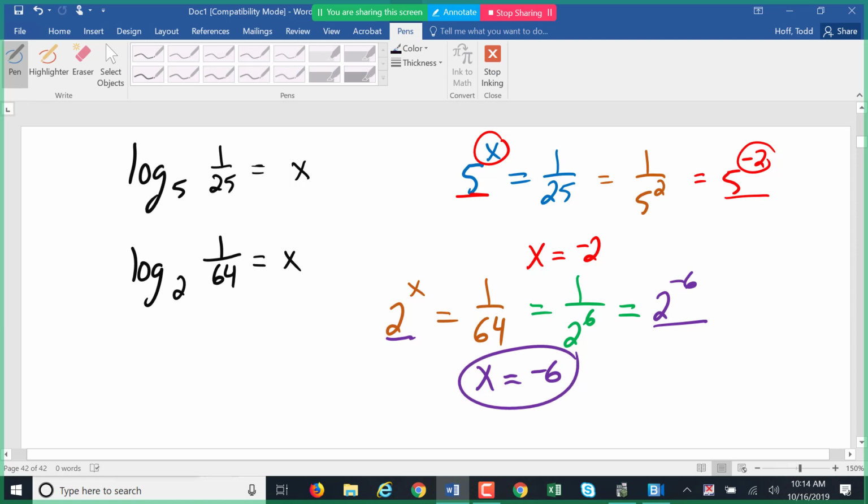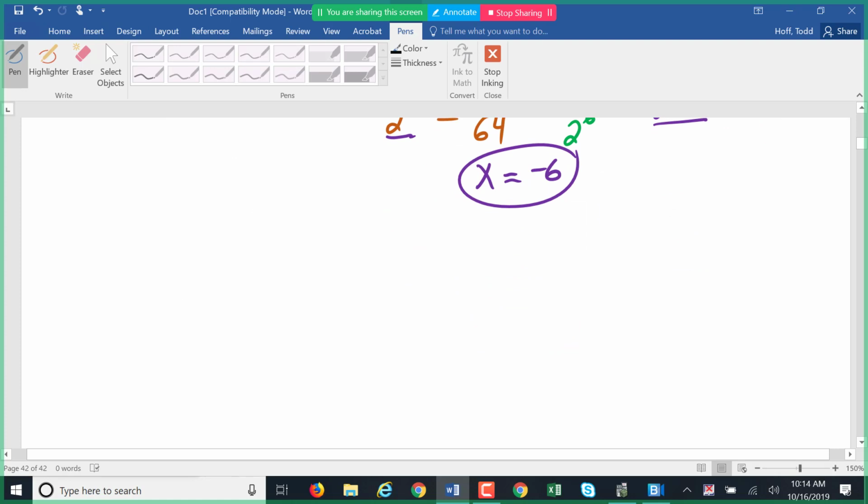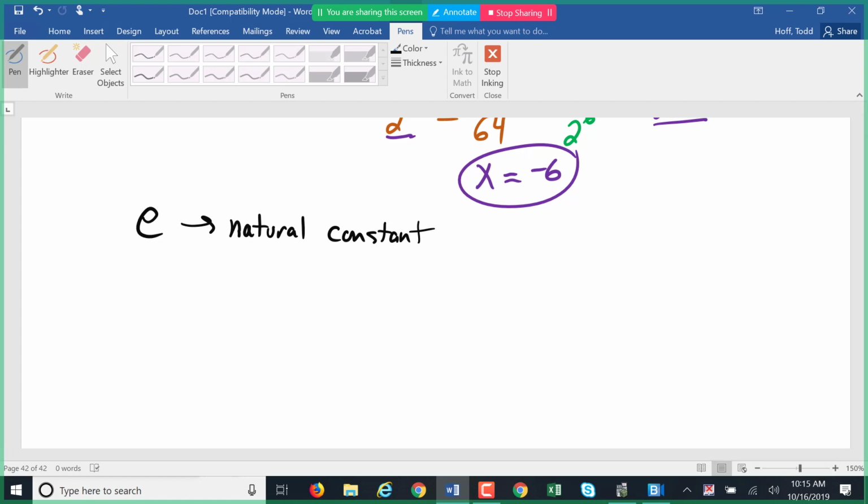We also bring back in the letter e from Monday's class. E, if you recall, is that natural constant, 2.71, whatever, as it keeps going. That's our continuous growth factor in nature, or continuous decay factor.